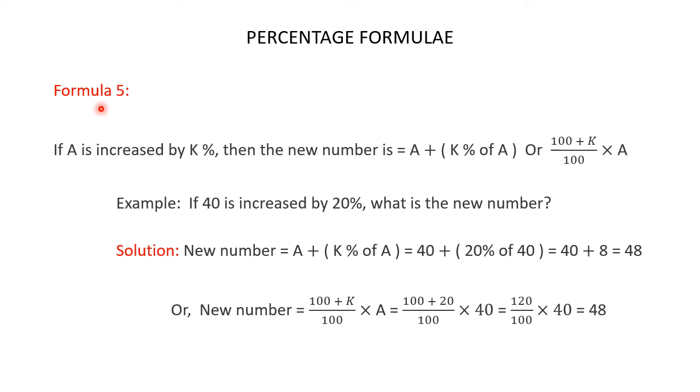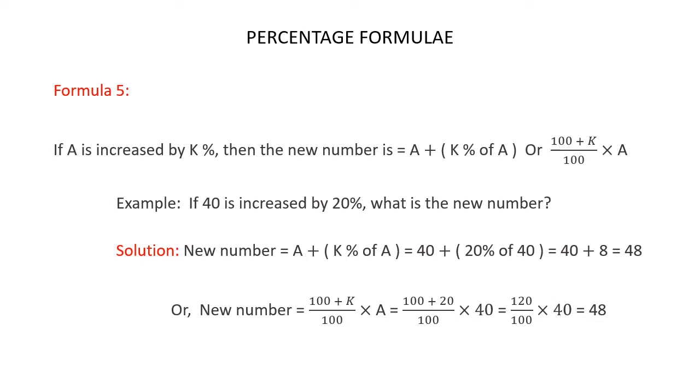Formula 5. This formula is very important as it is extensively used in solving many of the percentage problems. If A is increased by k%, then the new number can be found out either by using this formula or by using this formula.